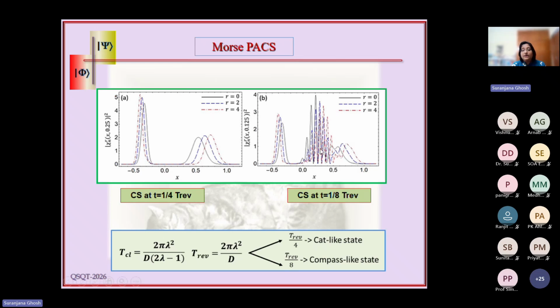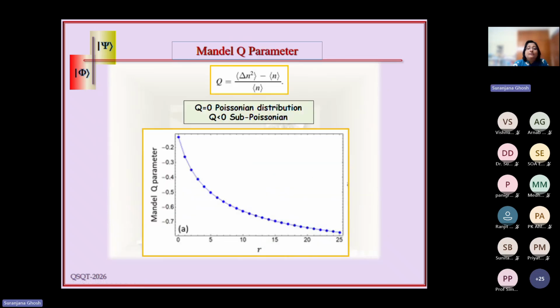This is also at one-eighth of the revival time. These are the two wave packets, and in between are the quantum interference regions. Here also one can see the shift of these small regions. For that, we also calculated the Mandel Q parameter. As we know, for non-classical states it should be below 0.